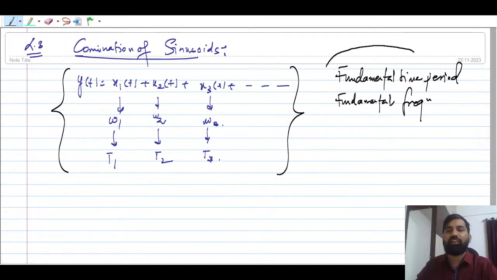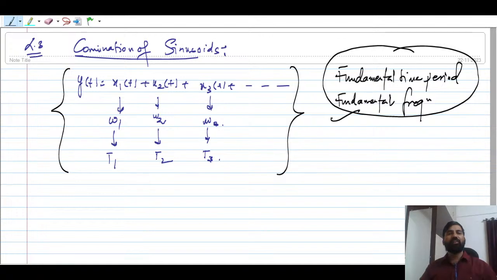If you are able to find the fundamental frequency, then you are able to find the fundamental time period. See, given a combination of sinusoids, by looking at it you can decide that, yeah, this signal is periodic or not. But that is by inspection you can answer, but I will give you some kind of steps that you have to follow, right?